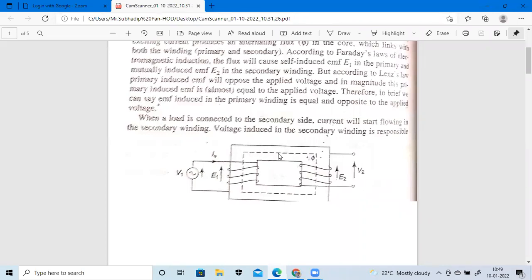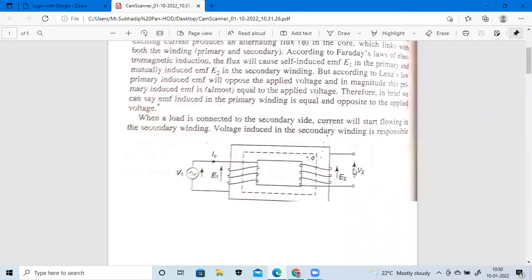Due to this flux linkage in the primary coil, EMF will be induced, represented by capital E1. This flux also links the secondary coil. The EMF induced in the secondary coil is represented by E2, and this one is the terminal voltage of the secondary winding of the transformer.